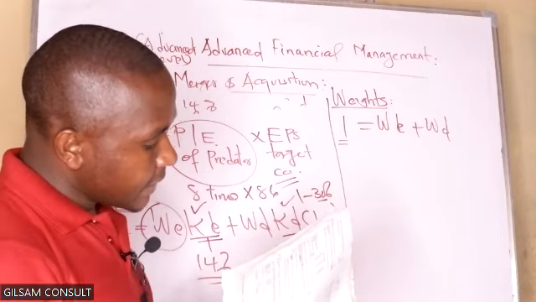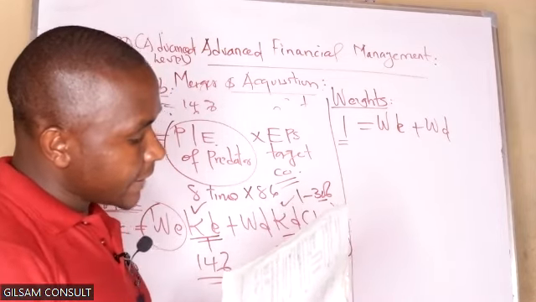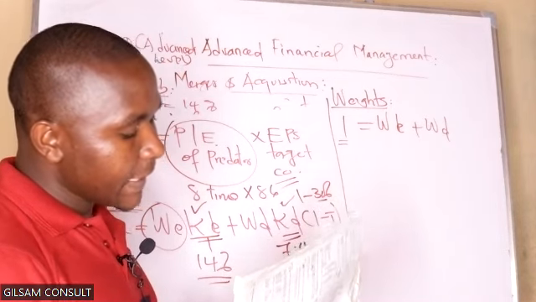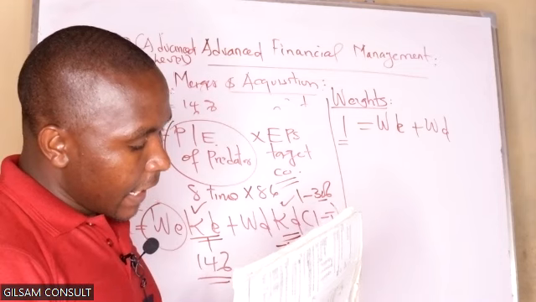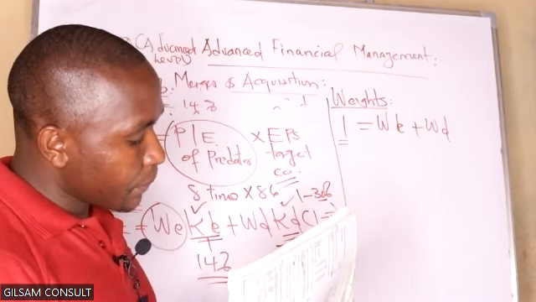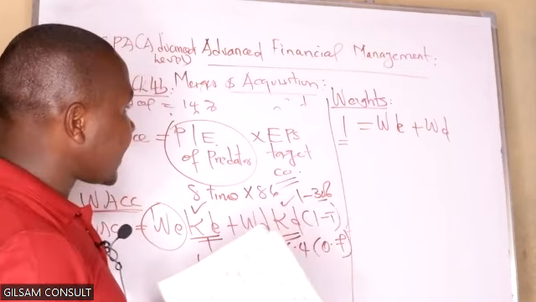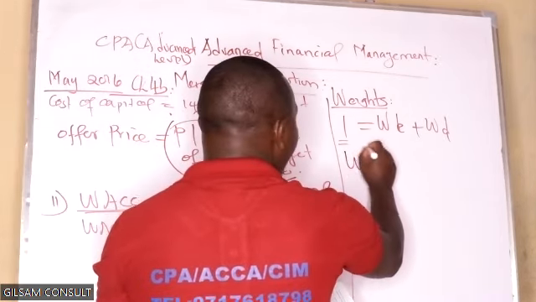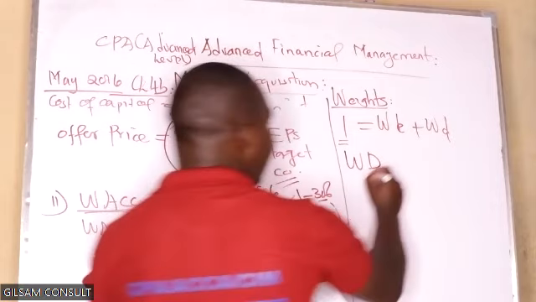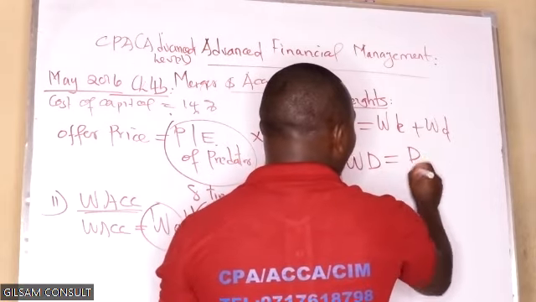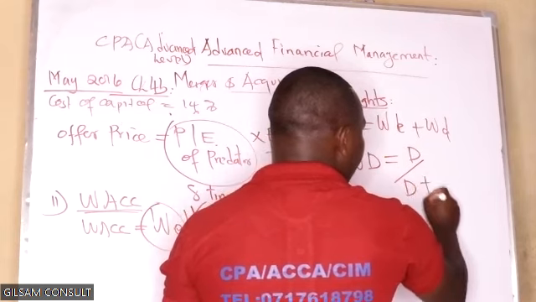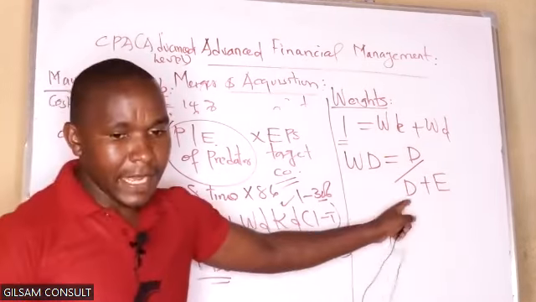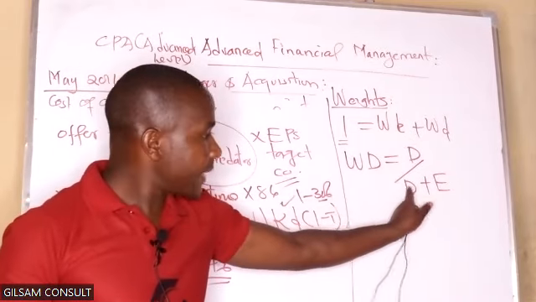They have estimated that if Huge Limited acquired Tini Limited, the gearing of the acquisition will be 35%, measured as the value of debt as a proportion of total equity and debt. So this gearing, which we call WD, is the debt over the total, which is debt plus equity.